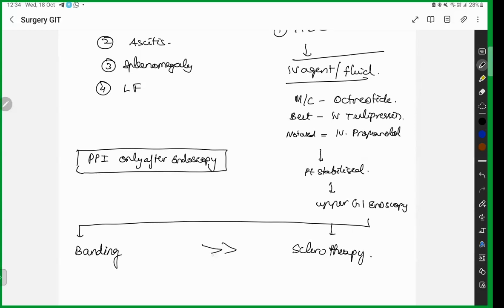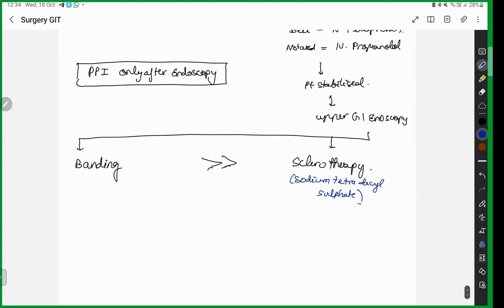Banding is done more commonly than sclerotherapy. The sclerosant which is going to be used is sodium tetradecyl sulfate, which is the most common sclerotherapeutic agent used.